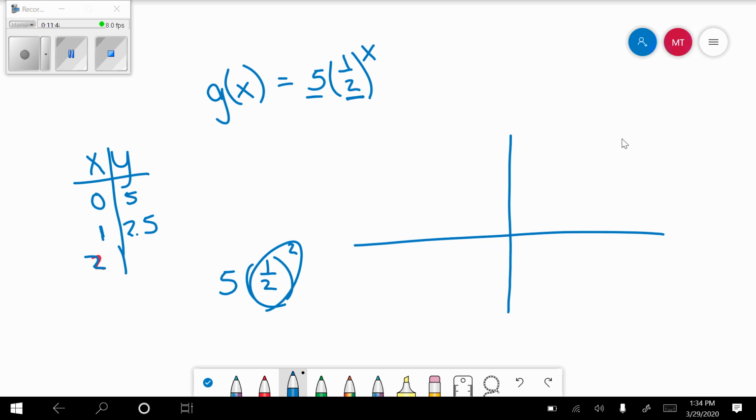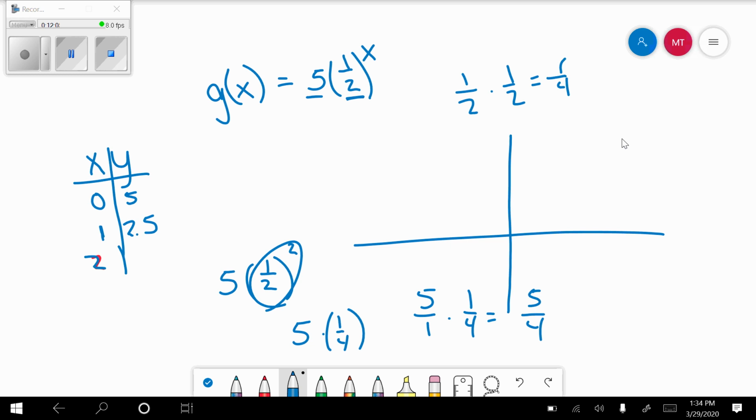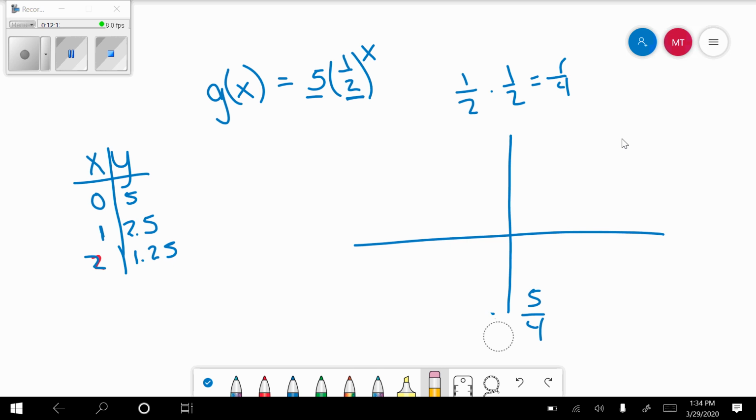This would mean you have 1/2 times 1/2, which turns into 1/4. Then you'd have 5 times 1/4, old school, 5 over 1 times 1 over 4, 5/4, or 1.25. That can be done in a calculator, but I was showing you by hand how to do all that because I don't want you to be afraid of those fractions. One of my big things all year has been, stop being afraid of them.